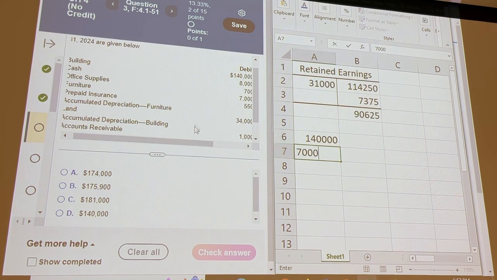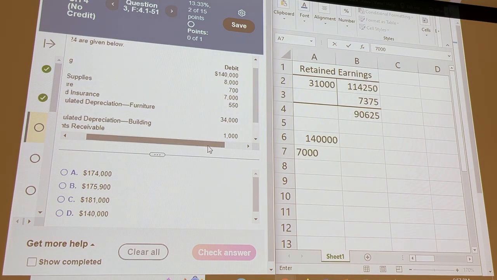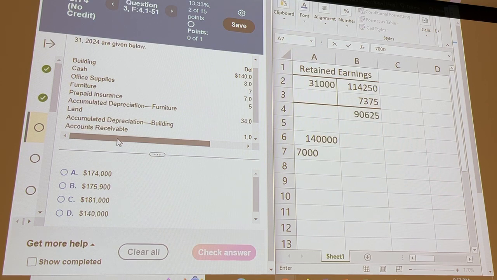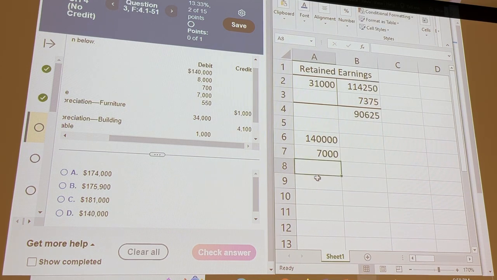And then you have to subtract the accumulated depreciation on the furniture. So minus 1,000.